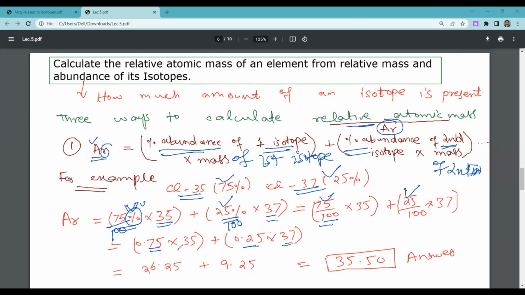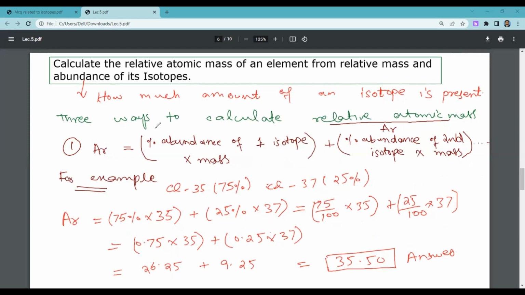Multiplying them and then adding, we get 35.5. This is the relative atomic mass of the chlorine atom. This is the first method by which we can calculate the relative atomic mass of chlorine. I hope this first method is clear now.